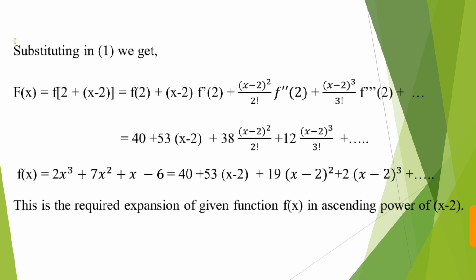Put the value of f of 2 is equal to 40, f dash of 2 is equal to 53, f double dash of 2 is equal to 38, and f triple dash of 2 is equal to 12, and we'll get the expansion of f of x is equal to 2x cube plus 7x square plus x minus 6 is equal to 40 plus 53 into (x minus 2) plus 19 into (x minus 2) bracket square plus 2 into (x minus 2) bracket cube plus up to so on. And this is the required expansion of the given function f of x in ascending powers of x minus 2.